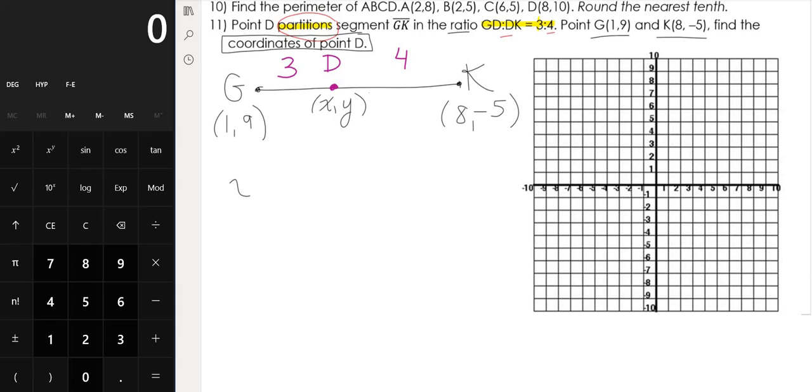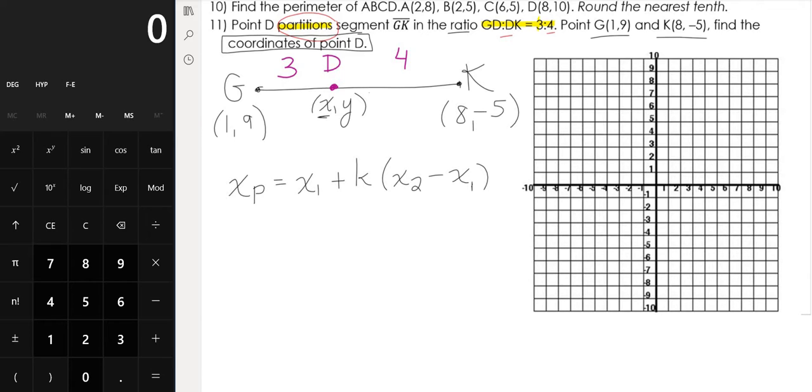It is the partitioning point, XP, so the X value for the partitioning point, equals X1 plus K times (X2 minus X1).